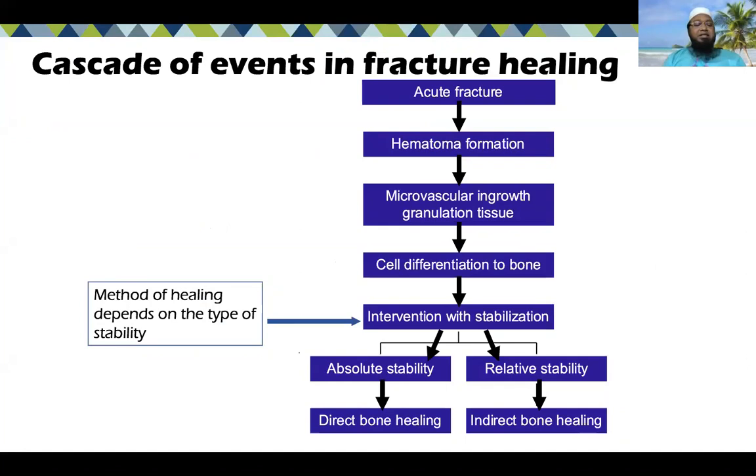In this stage, the method of healing depends on the type of stability provided. If absolute stability is provided, the bone will heal by direct bone healing, that means primary bone healing. And if relative stability is provided, indirect bone healing occurs with formation of granulation tissue.